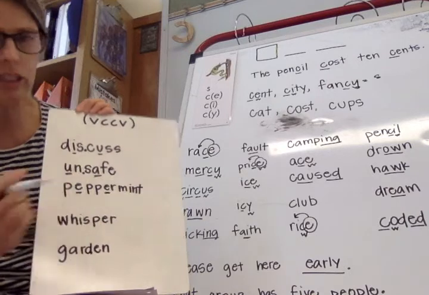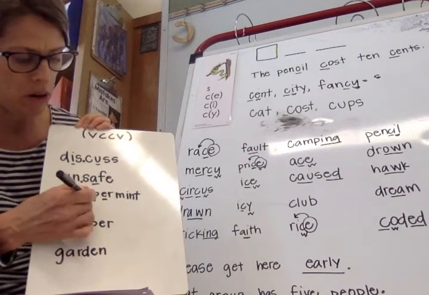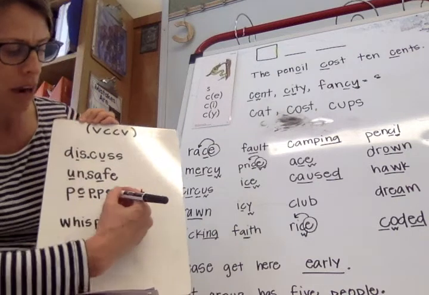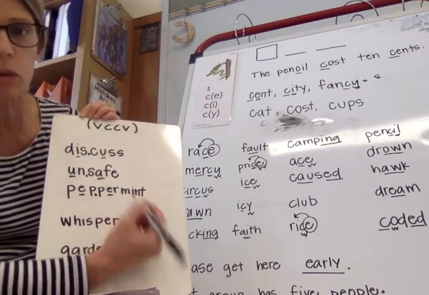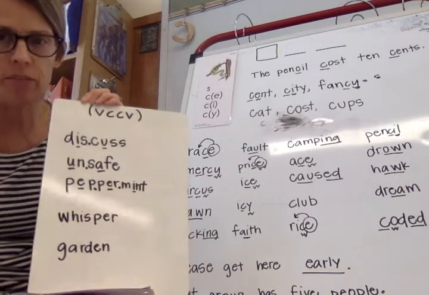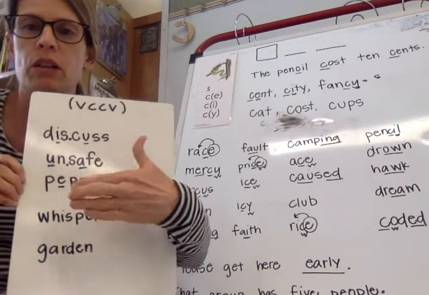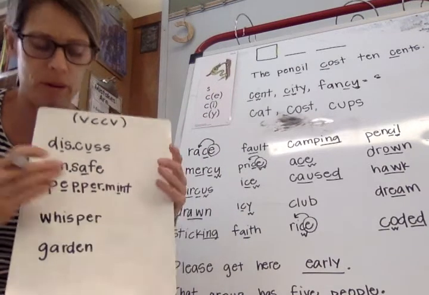Vowel. How many consonants in between? 2. So let's put our dot in between. Now we have our vowel and another vowel. How many consonants are in between there? 2. Let's go ahead and add our dot. So let's look at what we have. Pep, pep.